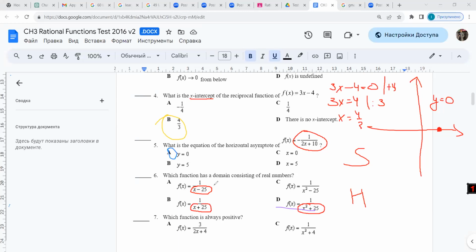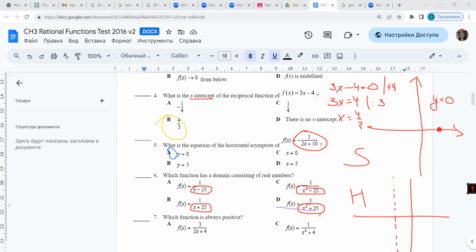For example, in A, B, C, we have solutions for x when the denominator equals 0, which implies the existence of a vertical asymptote on our graph, right? And having a vertical asymptote implies that not all real numbers are included in the domain of this function.